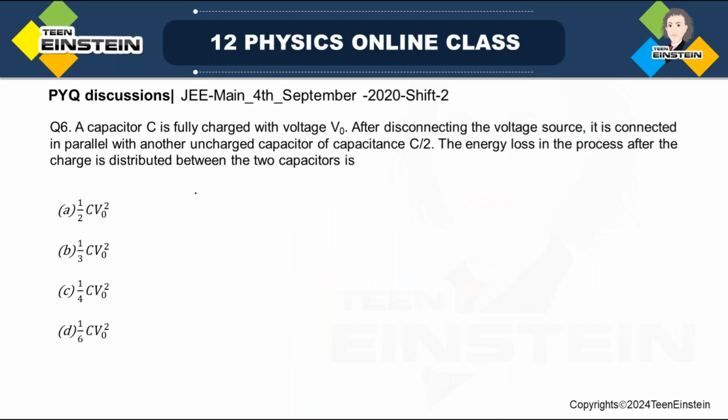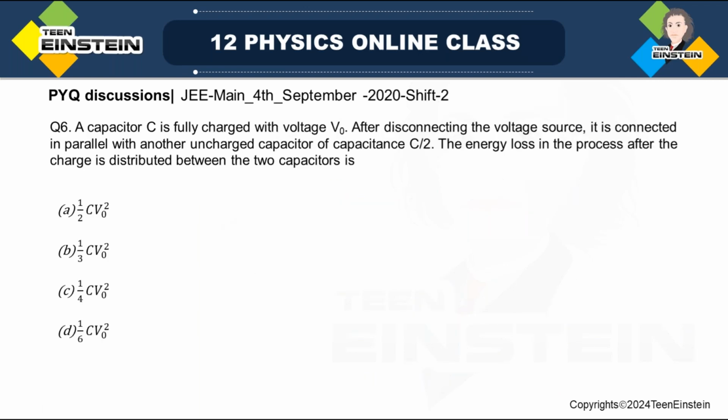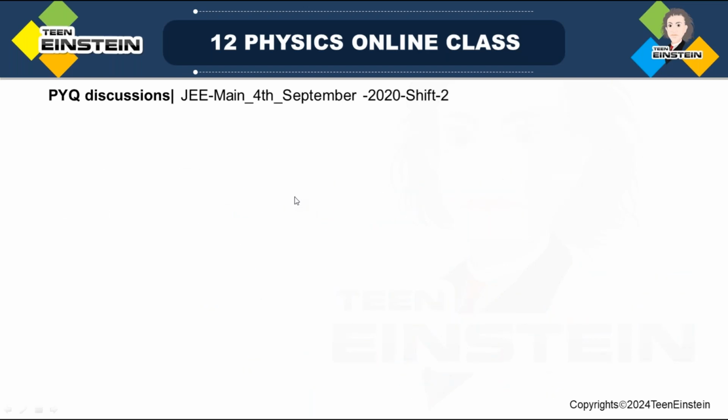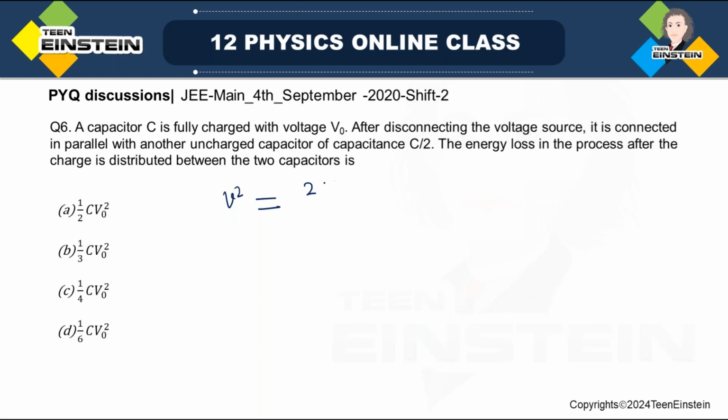q E0 by m and 2 will be multiplied. Sorry, I think I am lost somewhere here.